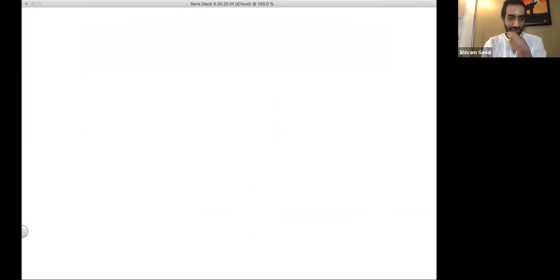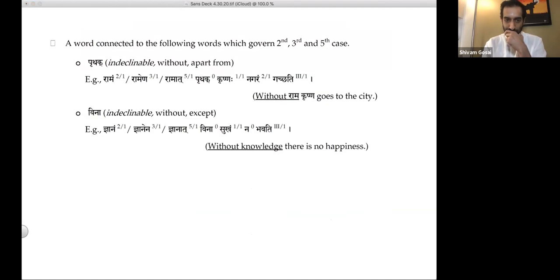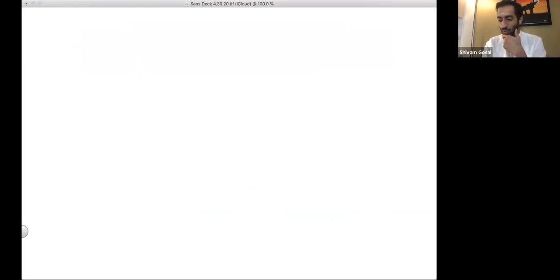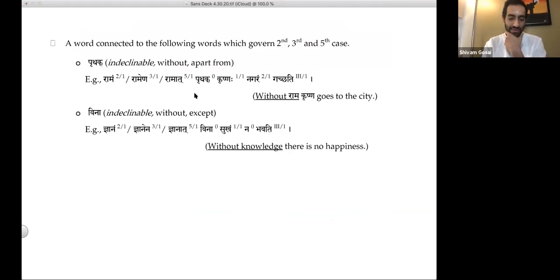The thing with fifth case is there are so many different ways we can get the fifth case. There are so many statuses of apadanam. One of them, like we were just saying, is teacher of formal learning. But when words are connected to any of these words, like vina, then you also get fifth case.